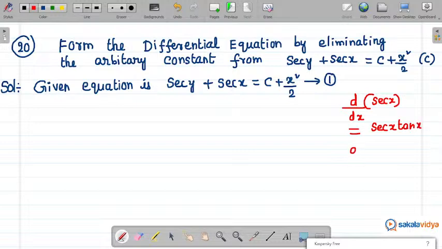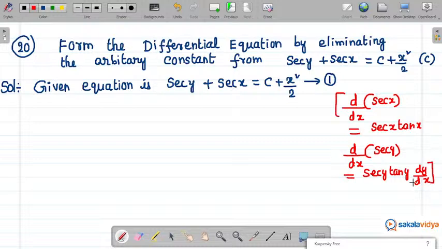Whereas d by dx of secant y is secant y tan y, very important, multiplied with the derivative of y with respect to x, that is dy by dx. So you must remember these two results. With the help of these two results, easily we can find out the differential equation here.